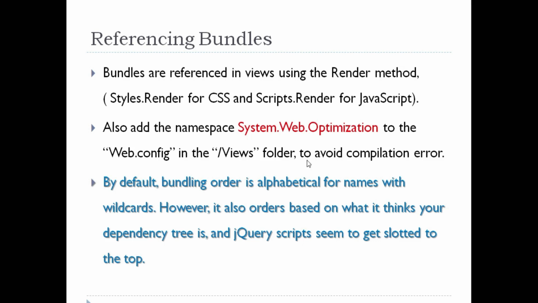Okay, now let us see one more interesting thing about bundling and minification. So as I told you, we can use wildcard characters to include all the script files or CSS files. Okay, so whenever we say *.js, what happens? All the JavaScript files in that particular folder get included in our bundle.